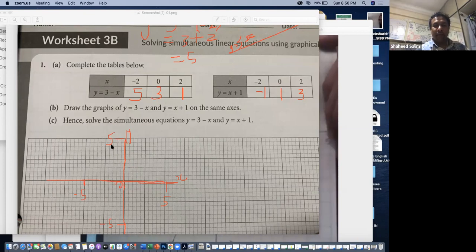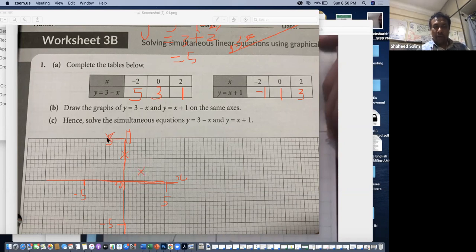Y is 5 here. This dot here. Exactly, yeah. When x is 0, y is 3. 3 is, okay, 2 is 2, 3 down here. And then when x is 2, where is 2 down here? Y is 1 down here.